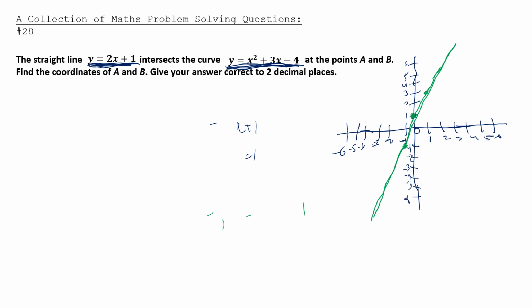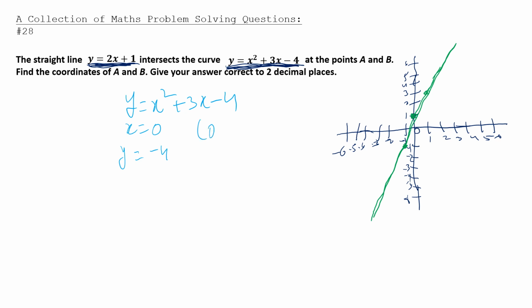If I do it the same way, y equals x squared plus 3x minus 4, and then if I put x equals 0, then I get y equals minus 4.